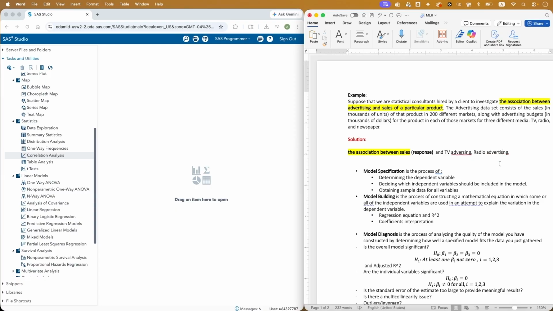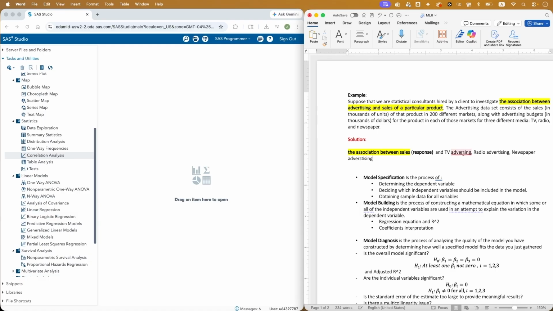All of these are independent variables. If the client is willing to study the relationship between the sales and the TV advertising, this is a simple linear regression because we have one response variable and one predictor. All of these guys are predictors, independent variables.